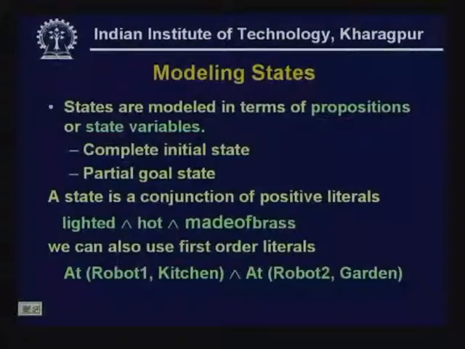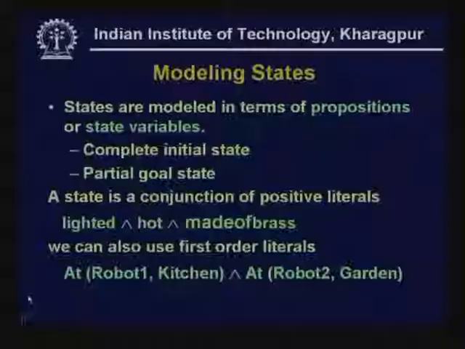Now let us see a very common formalism for the representation of planning problems. Let us see how the states, the actions, goals, etc. are represented. So in a planning problem, typically states are modeled in terms of propositions or state variables or features of a state.